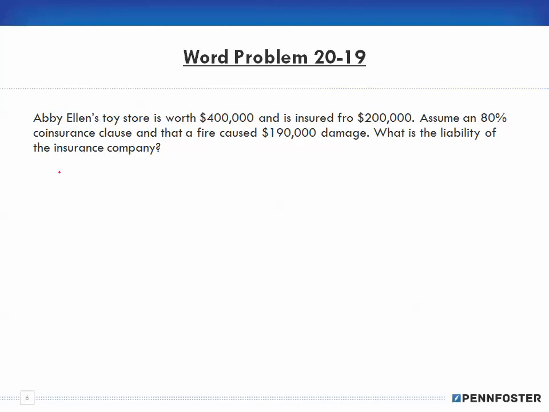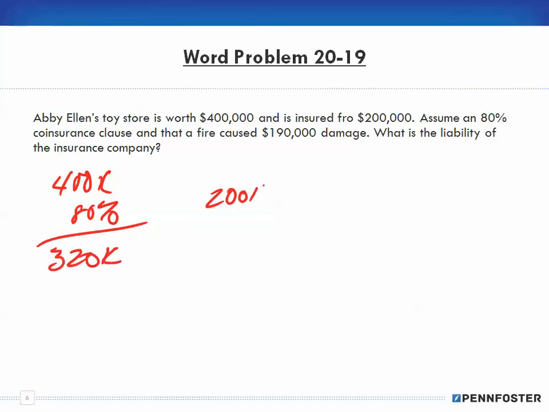So if this store is worth $400,000 at 80%, that's $320,000. Now it's insured for $200,000, and so we divide that by the $320,000.